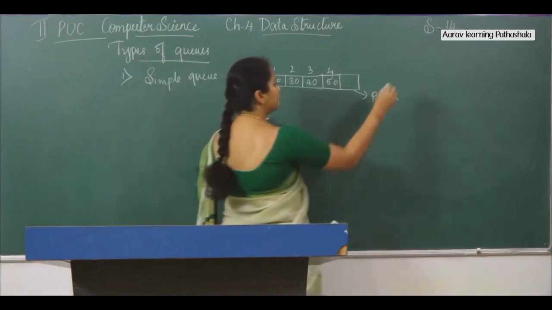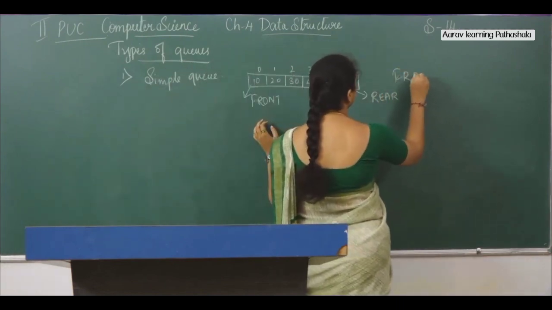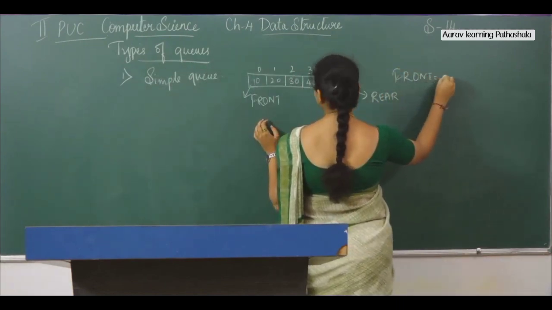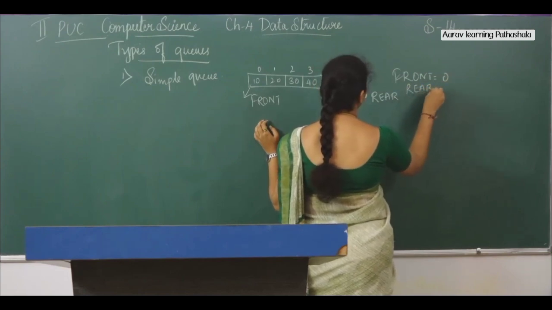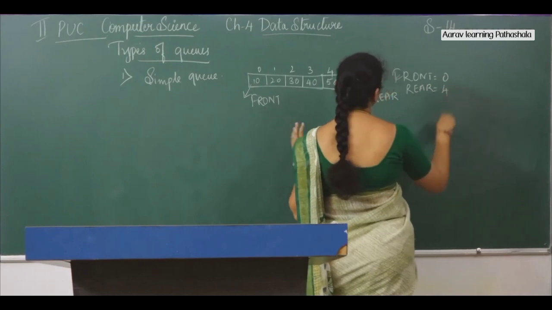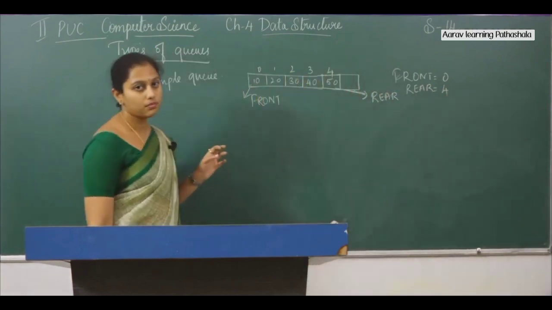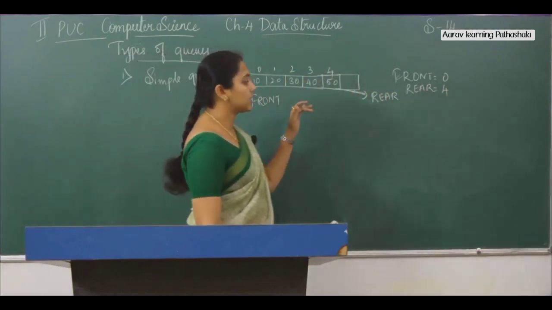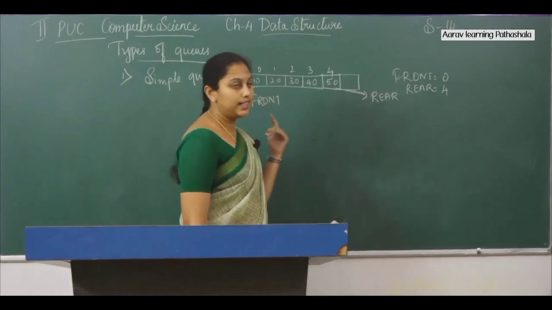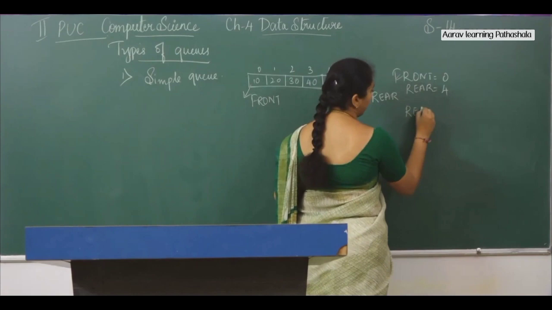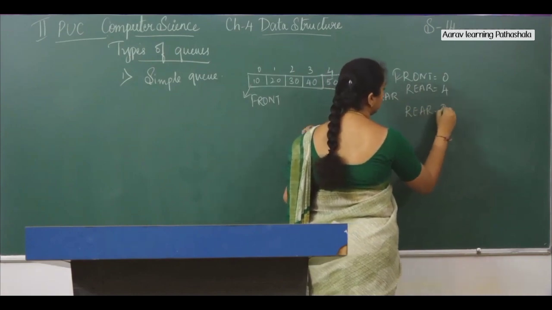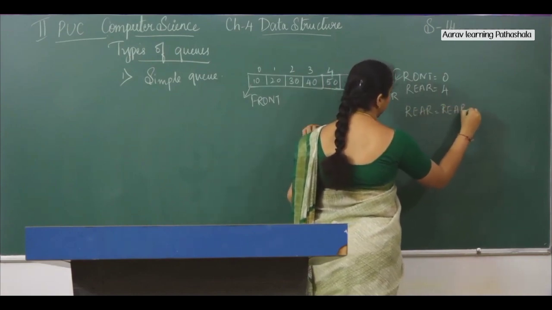So here front is equal to 0, rear is equal to 4. If I want to add some items into the queue, then we have to increment the rear pointer, that is rear is equal to rear plus 1.